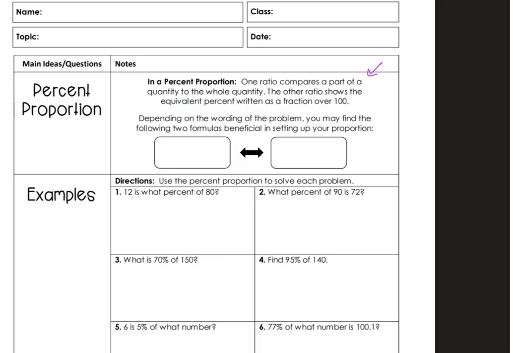So that right there, let's do some quick highlighting. One ratio compares part to the whole, and the other ratio shows the equivalent percent written as a fraction over 100.